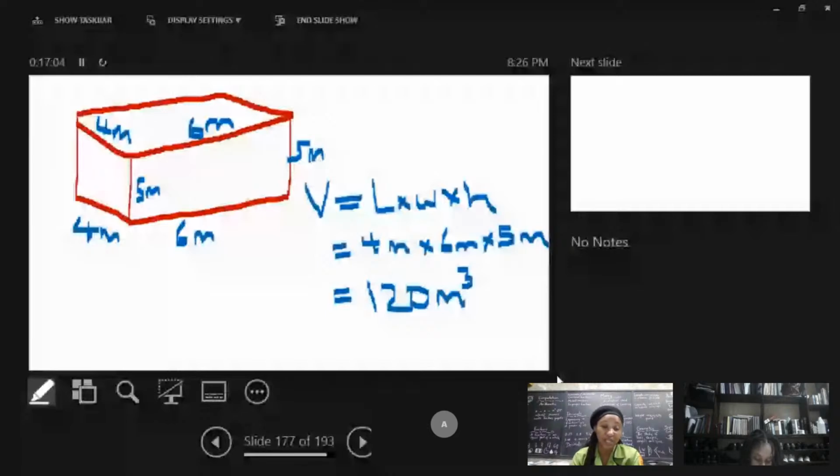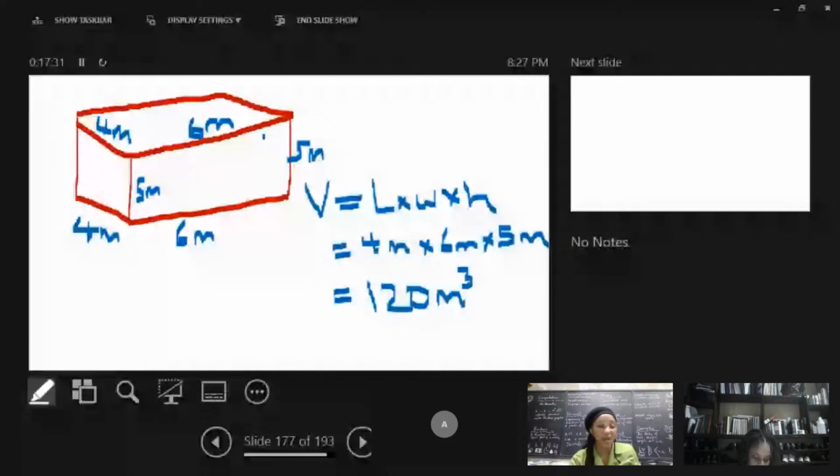But for this, all we need is the length, the width, and the height. So we know the length is 6 meters. We don't need that other length there, it's the same. Same height, 5. Same width, 4. We just need that one length, that one width, that one height, and we find the volume.